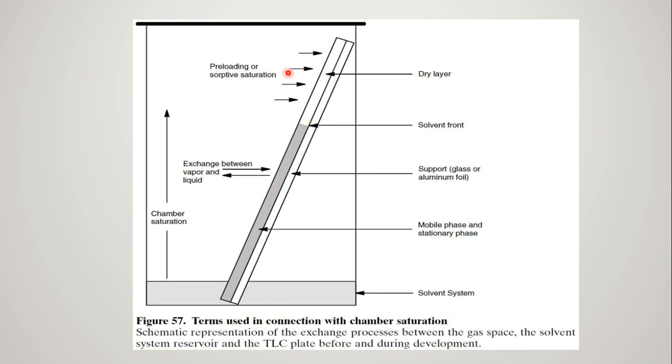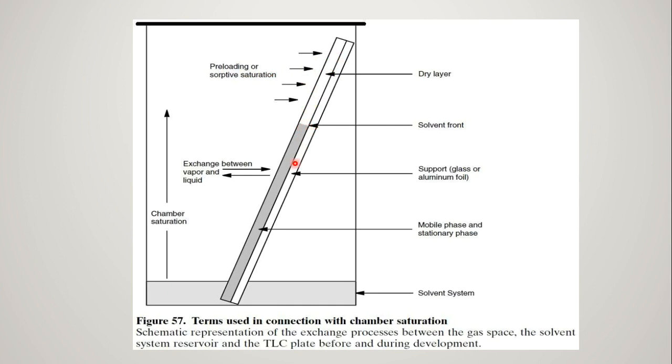And what is happening on this top side where the solvent, the mobile phase, has not reached: the solvent vapors are adsorbed on this stationary phase. This is the solvent front.